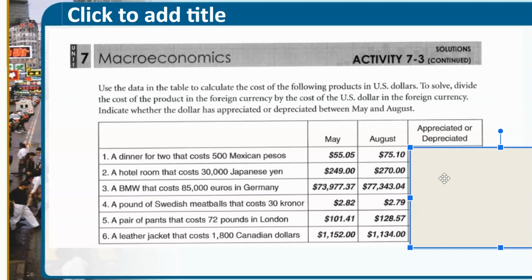And again, you can pause the video here before I show the answers to relate to this. But obviously, when we see an increase in the demand for dollars, we're going to see an appreciation versus a decrease in the demand for dollars, a depreciation.